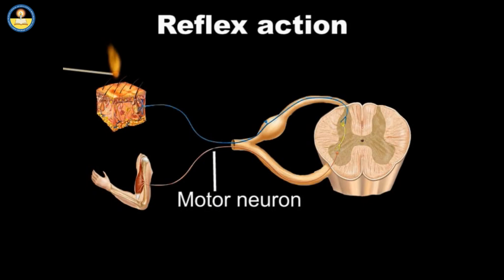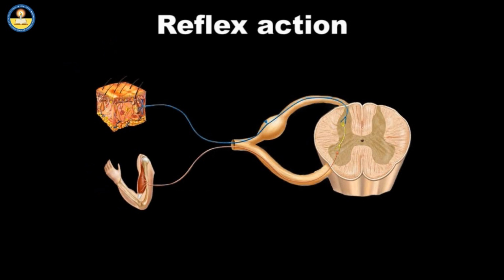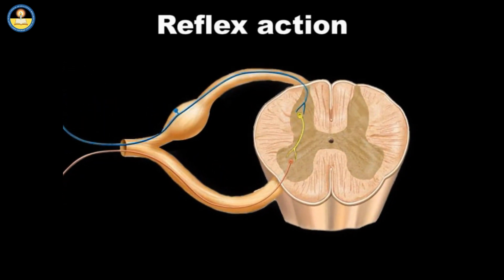The nerve impulse travels along the axon of the motor neuron to the effector, which is usually a group of cells present in muscle fibers. The muscle fibers sense the impulse brought through the motor neuron and withdraw themselves to protect from burning. Did you notice one thing?